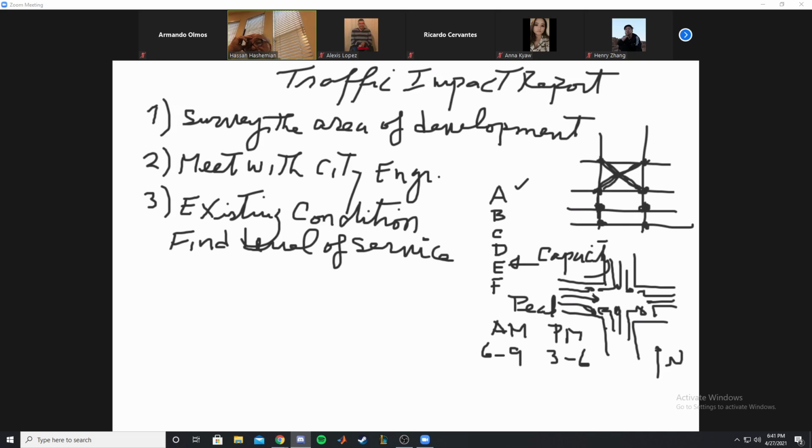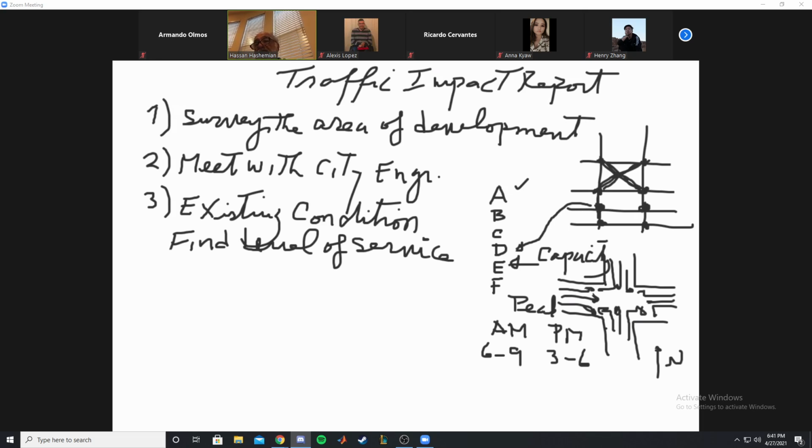Why are we doing that? Because if we are building the shopping center and we find that on this intersection we have level of service D, it is possible that originally, or at the current condition, it was a D. So it's nothing to do with our project. Or if the intersection turned out to be F, maybe that intersection was in trouble before, like for instance, Valley Boulevard and Fremont.